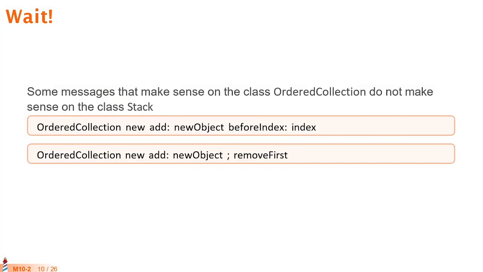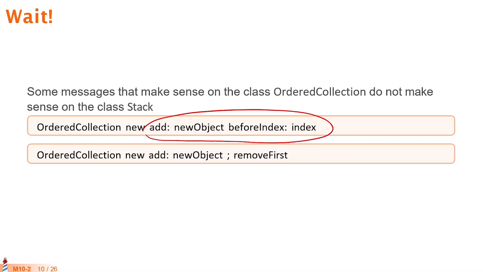Again, we can see examples of methods that are defined in ordered collection but do not make sense in the stack. For example, we can add an element in a given position, breaking the logic of the stack, where we always access through the top of the stack.